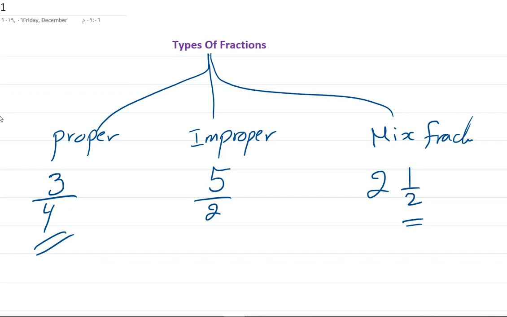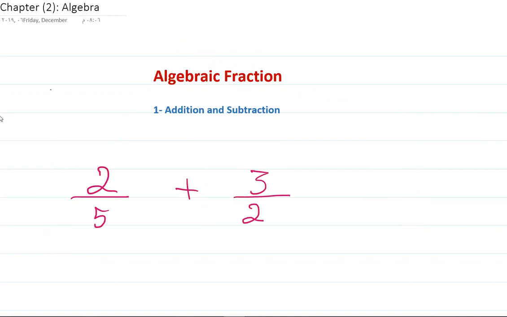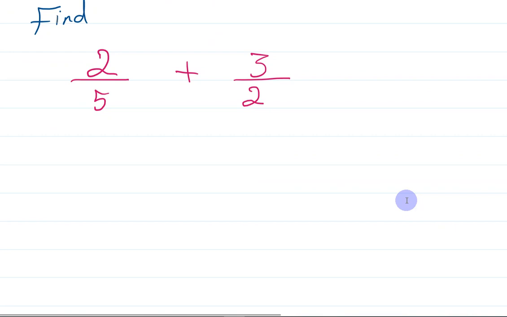If I want to solve, the question asks you to find 2/5 plus 3/2. First I'm going to make a common denominator, so I multiply up and down here by 2, and here up and down by 5.